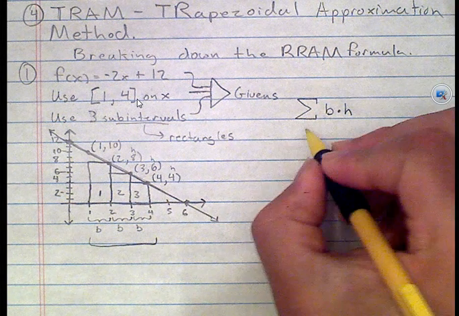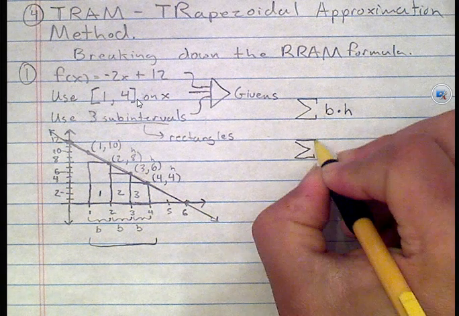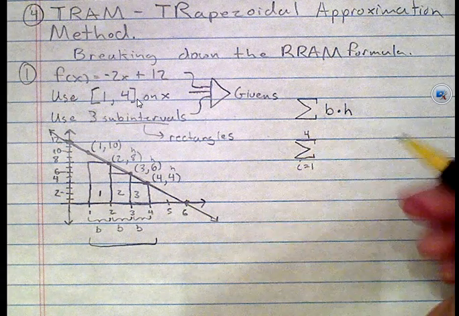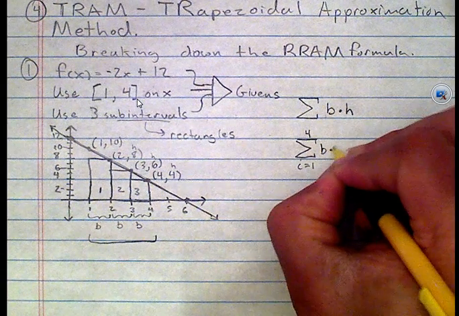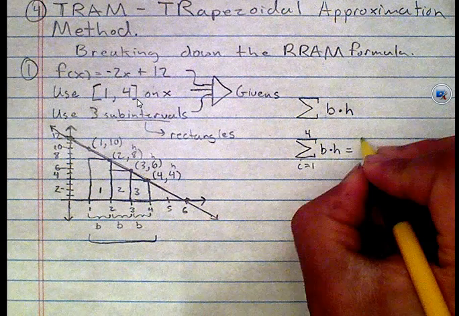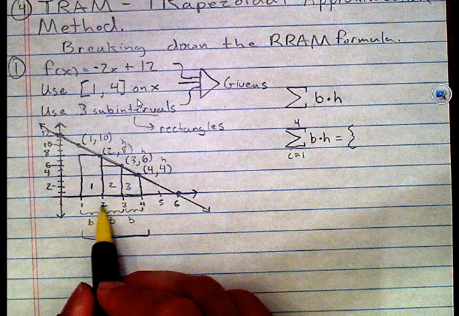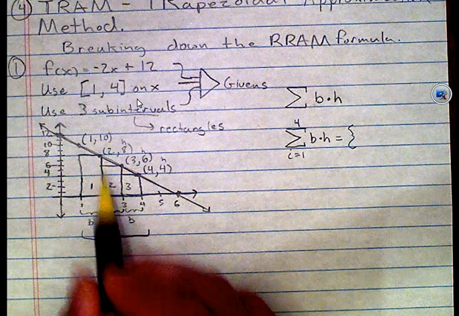I'm going to add up 4 things. And I'm adding up the base times the height, so let's go ahead and add them up. What's the base times the height? Well, the first area is just base 1 times height 8.